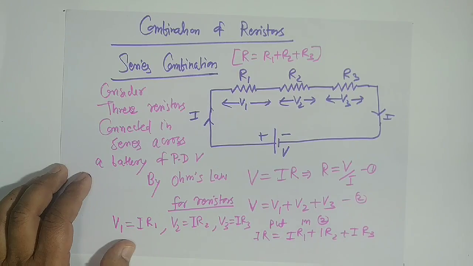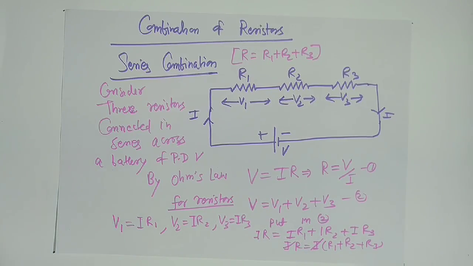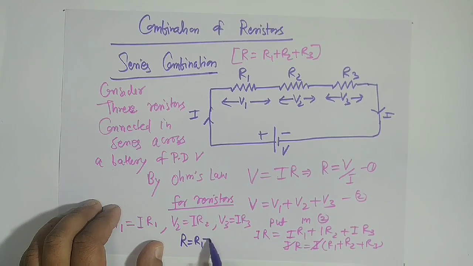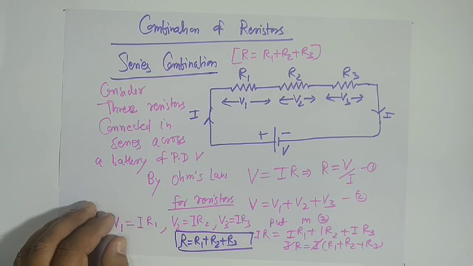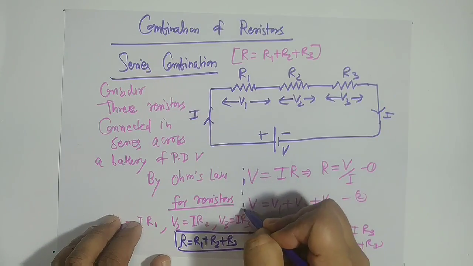Then I comes out common, IR1 plus R2 plus R3. So I cancels out, and finally R equals R1 plus R2 plus R3. This is the series combination, very easy to prove.